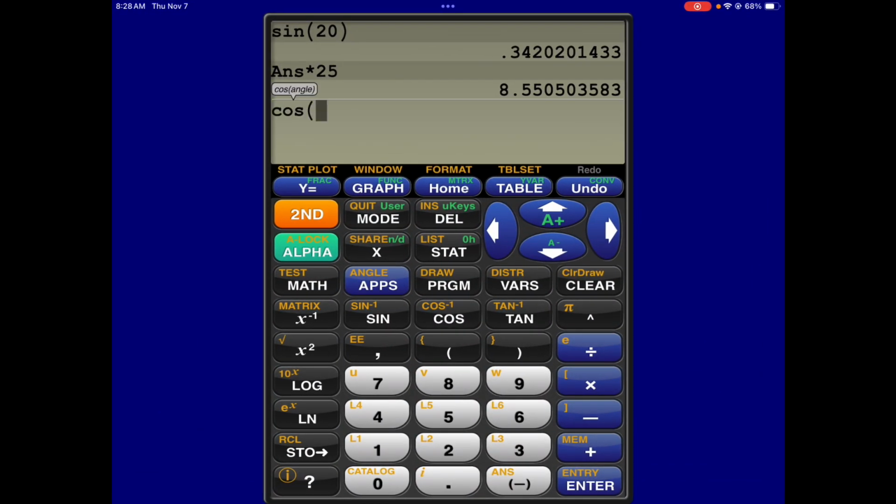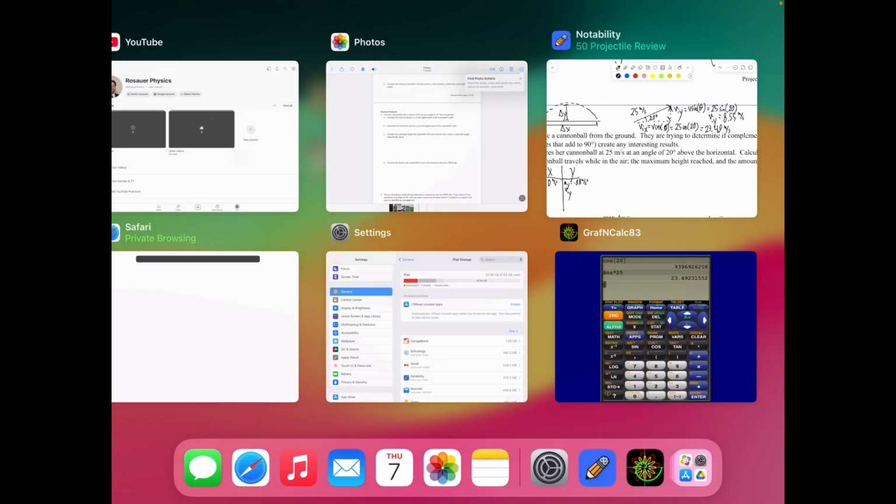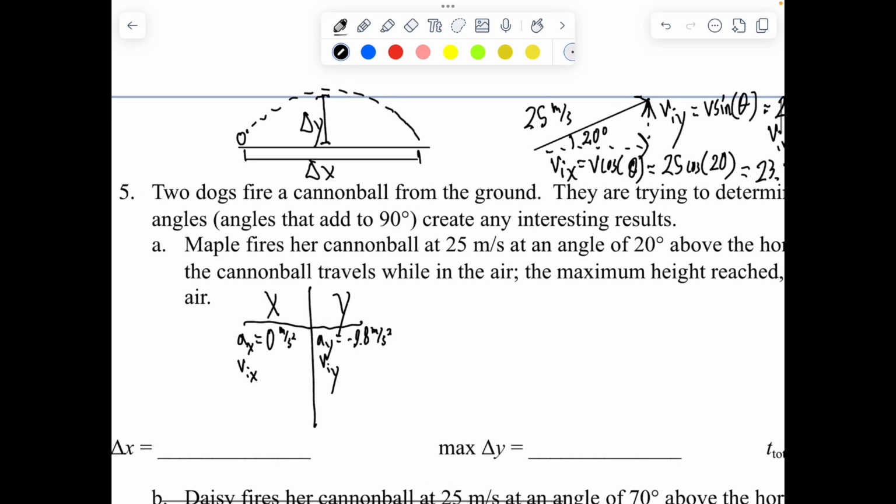So you'll say the cosine of our angle, 20, cosine 20. Multiply that by our 25, we get 23.49. All right, 23.49, perfect.